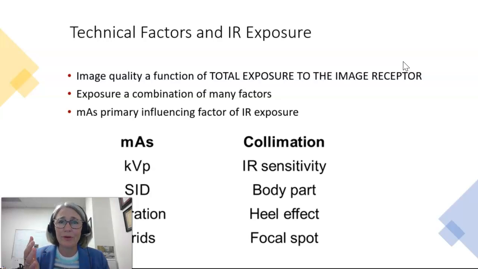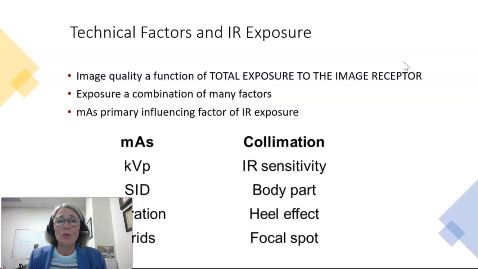They eat up our mass. So SID, changes in SID do affect our exposure also. Filtration, so remember it's taking out those lower energy photons, so it's absorbing up our mass. Grids are absorbing photons in the remnant beam that are scattered, so it's taking up photons. Collimation, as we collimate tighter, there's less photons.